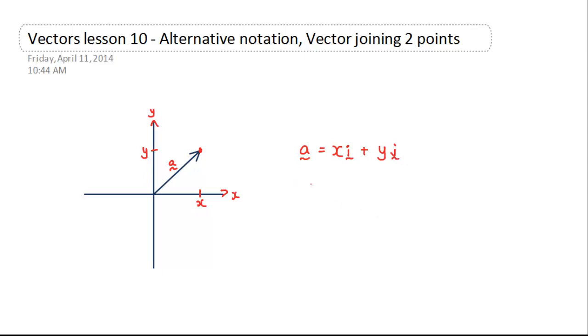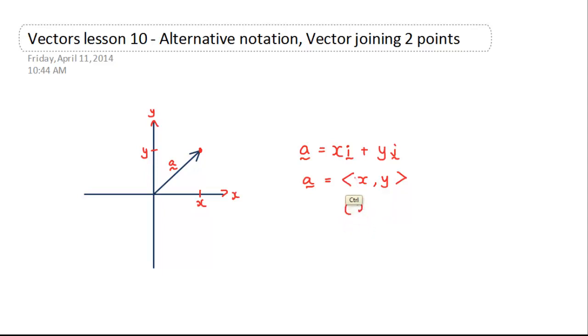Now, an easier way of specifying this vector is simply to put it in angle brackets like this, x, y. Now, this looks a little bit similar to the coordinates that you're used to with curly brackets. However, this is different when you put it in angle brackets, and here is why.